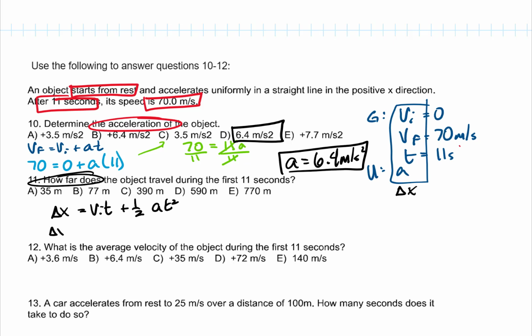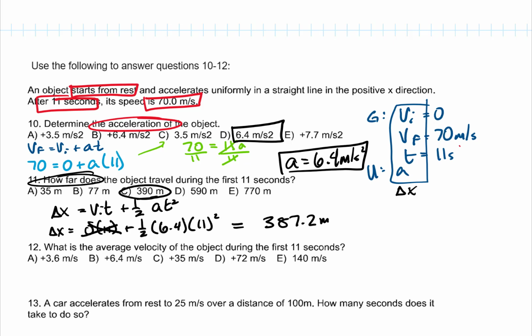Plug in everything we know. 0 times 11 plus 1/2 times the acceleration of 6.4 meters per second squared times 11 seconds squared. This thing's 0, and we can put the rest of that in our calculator. And our delta x comes out to be 387.2 meters, which rounds up to 390.